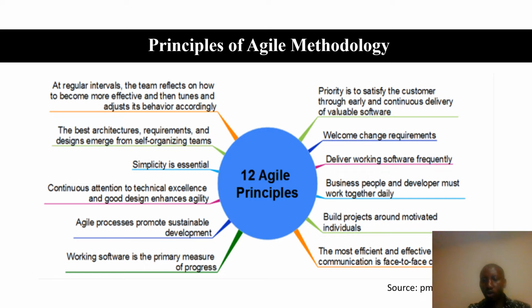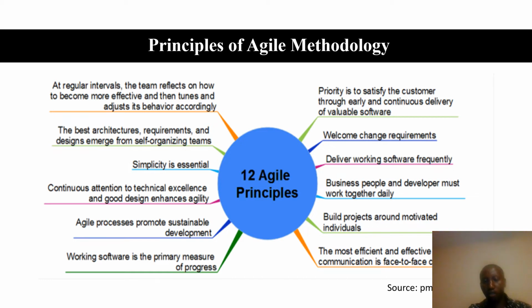Deliver working software frequently. 4. Business people and developers must work together daily. 5. Build projects around motivated individuals. 6. The most efficient and effective method of communication is face-to-face conversation.